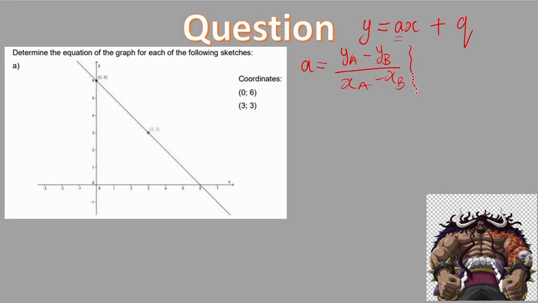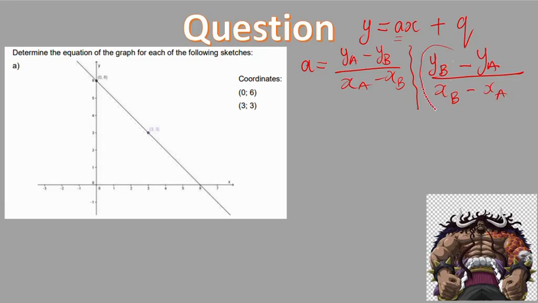And then someone will say, but in the previous section you said yb minus ya over xb minus xa. It doesn't matter. What's important is that if I'm starting with y at b minus y at a, the value below is supposed to be x at b minus x at a.